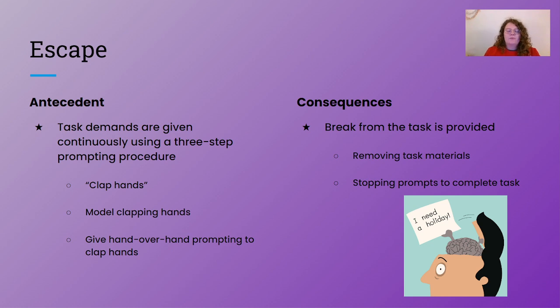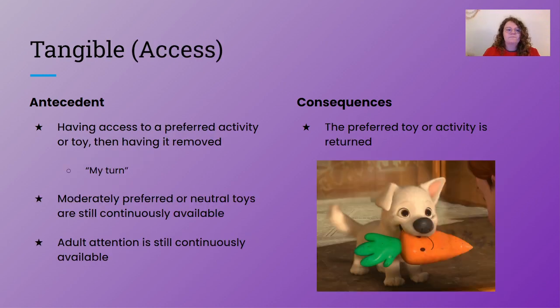While you're going through these procedures, if they start engaging in behaviors targeted for decrease, such as flopping, hitting you, self-injurious behavior, I want you to remove the materials and stop prompting them to complete the task.